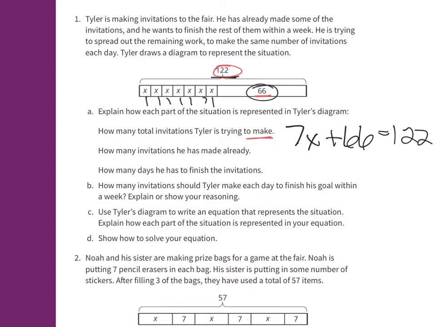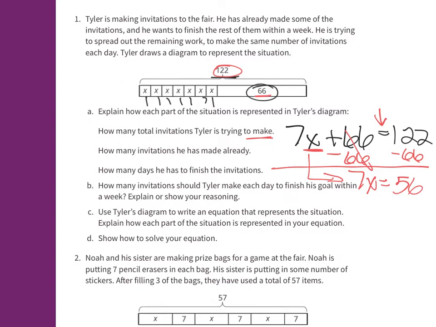So the first thing we do, here's my x, here's the equal sign. First thing I want to do is get rid of the 66 because it's the number not with x. To get rid of a positive 66, we subtract 66. So 7x equals 122 minus 66 is 56.